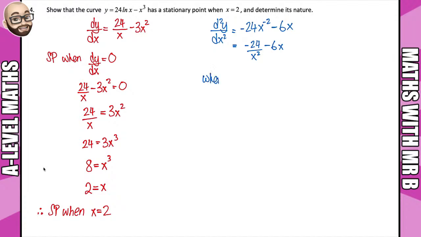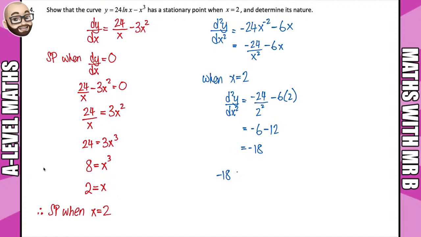When x equals 2, the second derivative becomes minus 24 over 2 squared minus 6 lots of 2. So 2 squared is 4, minus 24 divided by 4 is minus 6, minus another 12 means we get negative 18.